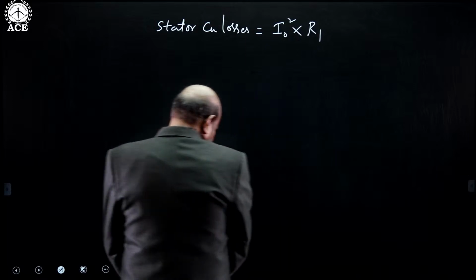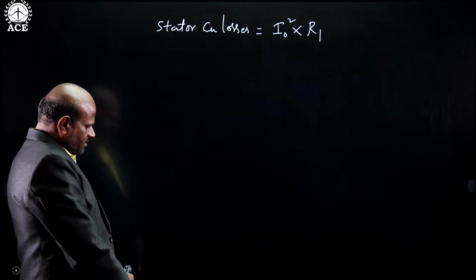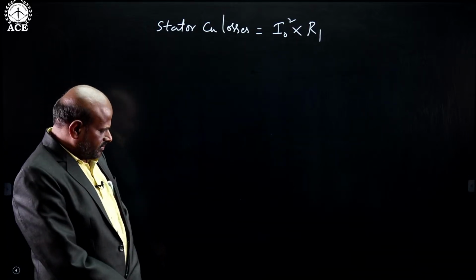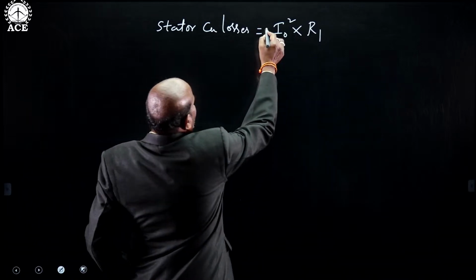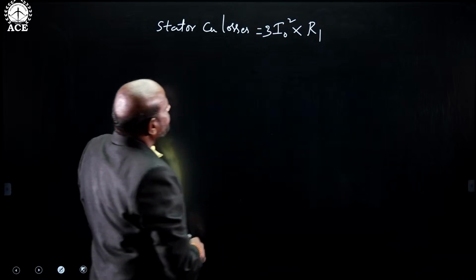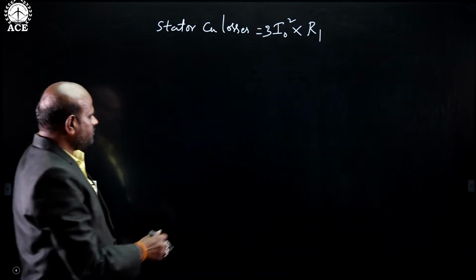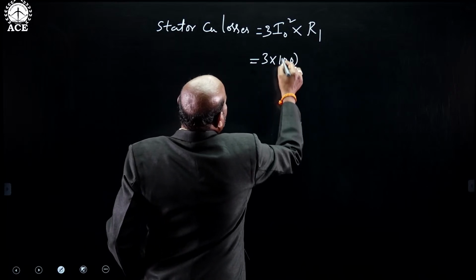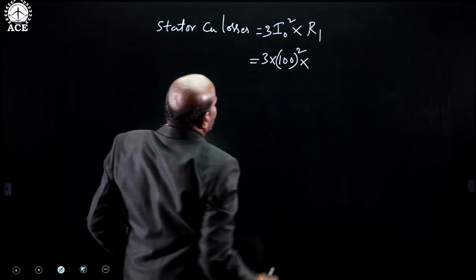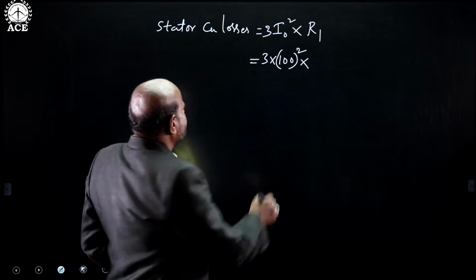Since the stator resistance is R1, we can find out I naught square R1, but for 3 phases we have to find out 3 times. So what is I naught? 3 into 10 whole square. R1 value is given as 0.05.